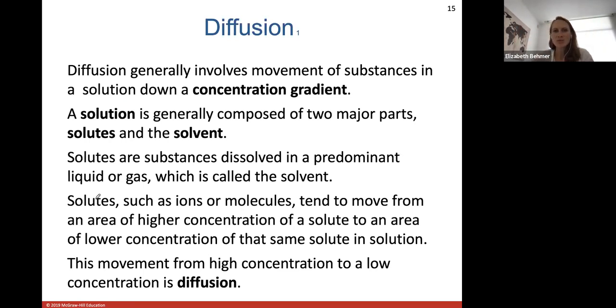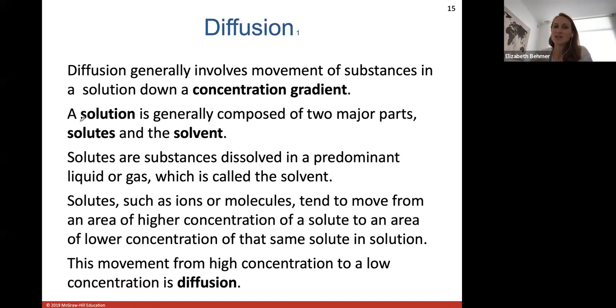And a really simple way to describe diffusion is this happens when you spray perfume in a room. At first, when you spray that perfume, it's just in the one area where you sprayed it, but eventually that perfume will diffuse to all areas of the room. So that's diffusion, where those perfume molecules are moving from an area of highly concentrated to lower concentrated.